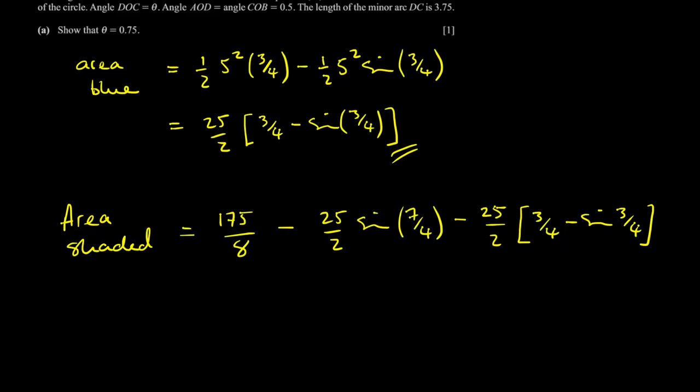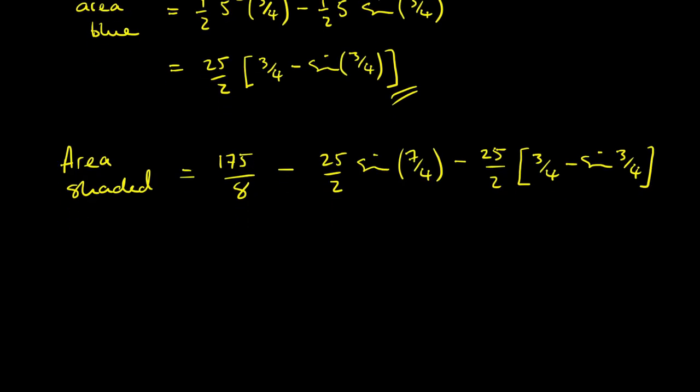Okay, so now I'm just going to punch all of that into my calculator. I will probably start on the right hand side. So I'll find sine of 3 quarters, so sine 0.75, close bracket, and then 3 quarters minus that answer. Okay, and then times by 25 upon 2.